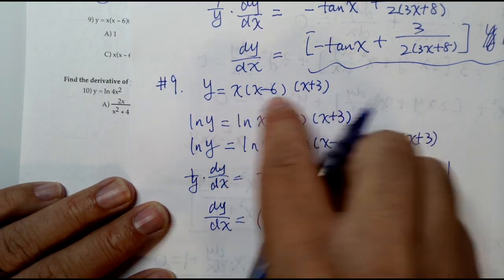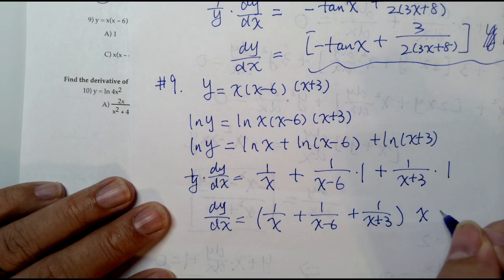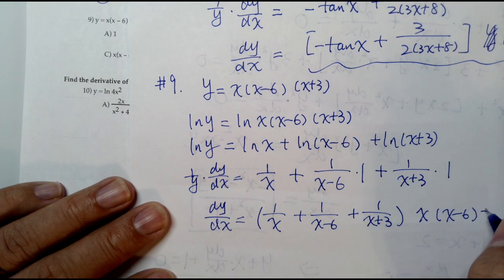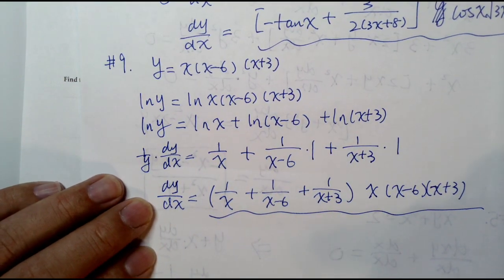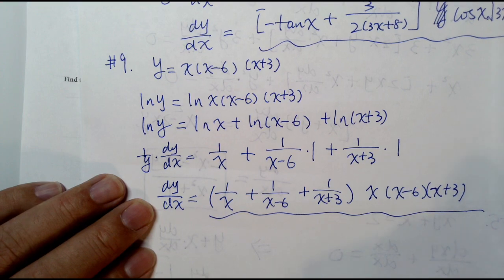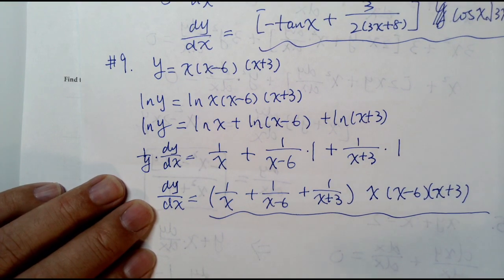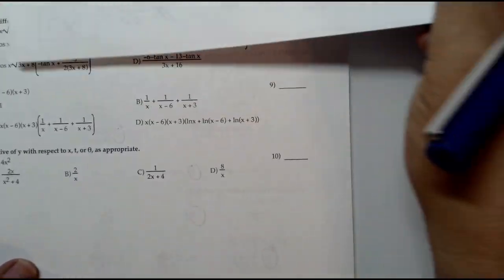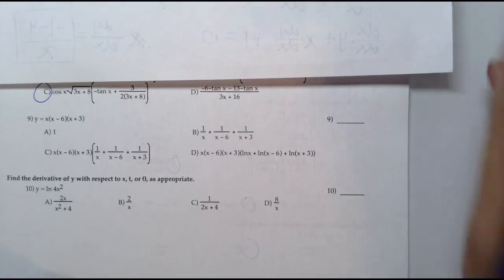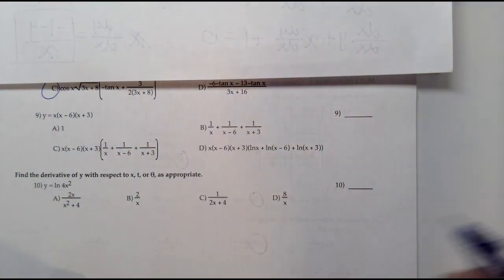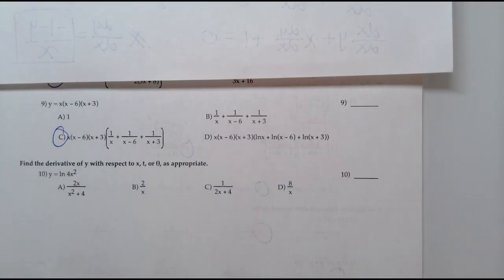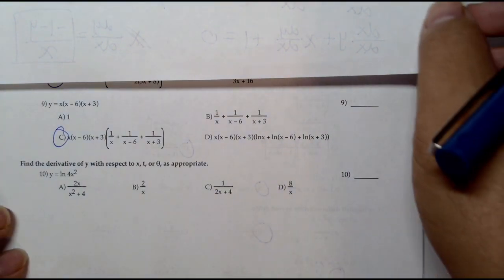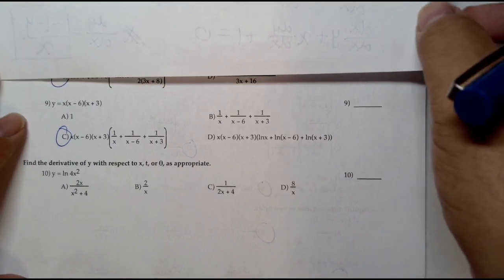What is my y? It's right here. It's (x minus 6)(x plus 3). So that's how you get the derivative through the logarithmic differentiation. So let's look at that, and then apparently this, right? This is the one. So that's number 9.